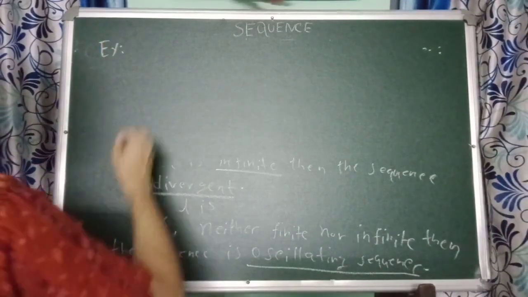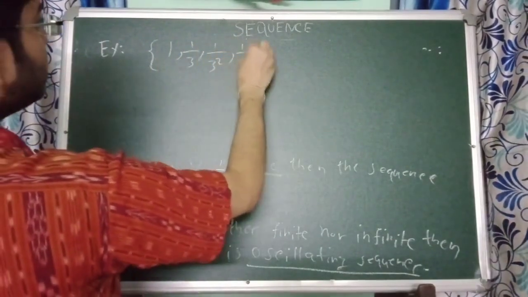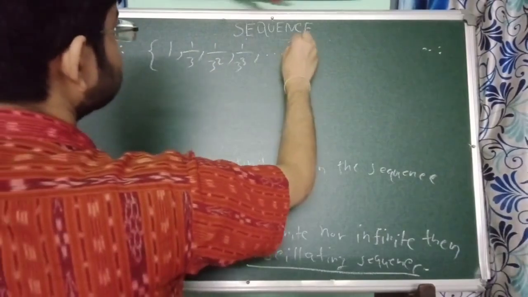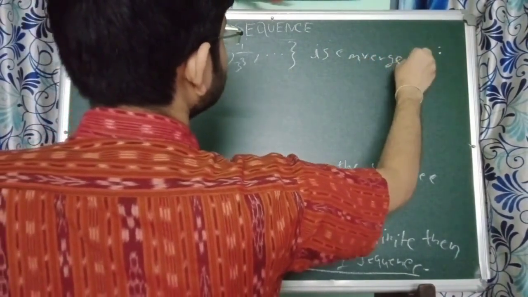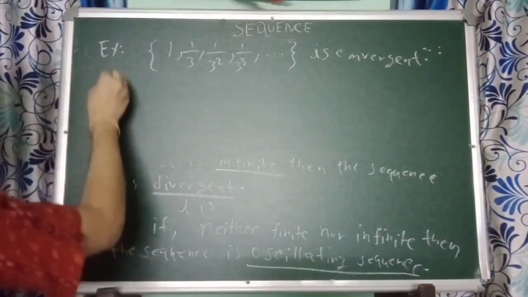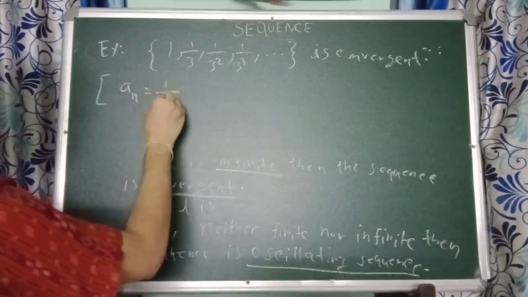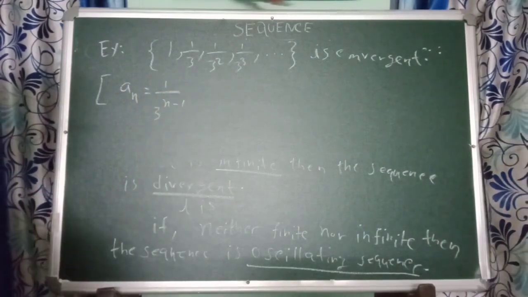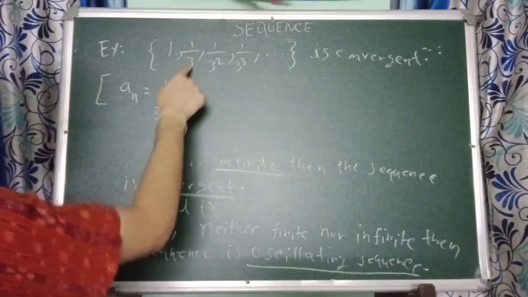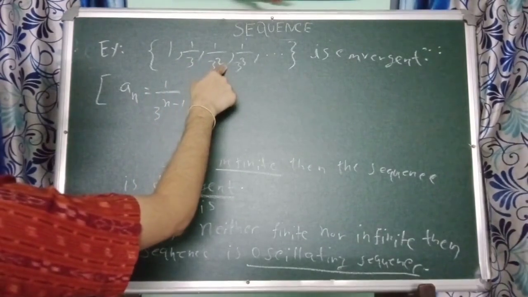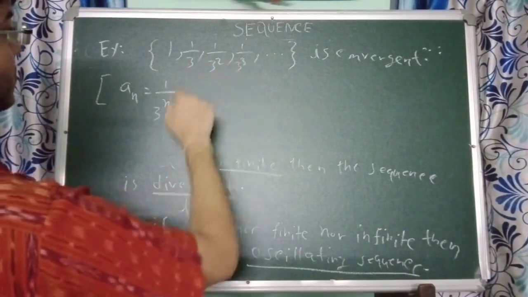Example number 1: 1, 1 by 3, 1 by 3 square, 1 by 3 cube, and so on is convergent. It's convergent since its general term a_n equals 1 by 3 to the power n minus 1. First term 1, second term 1 by 3 to the power 2 minus 1, third term 1 by 3 square, which is 3 minus 1, fourth term 1 by 3 cube, 4 minus 1, and so on.